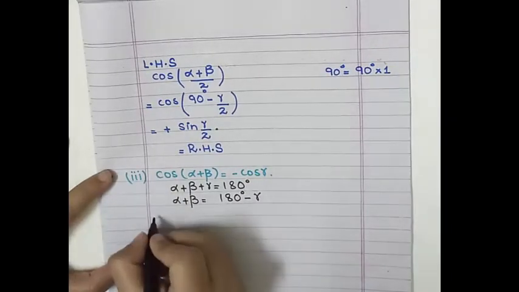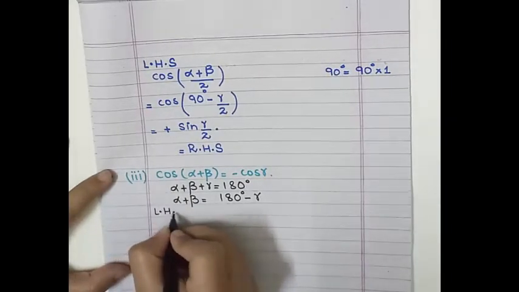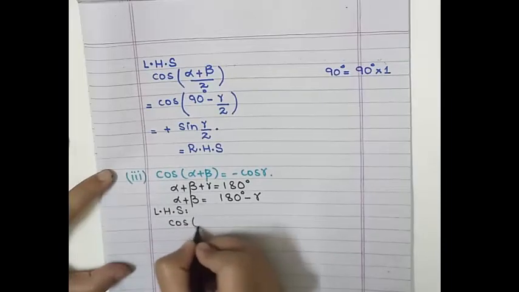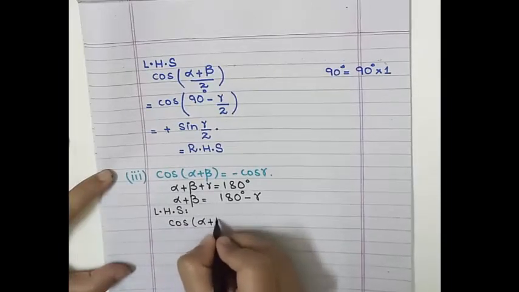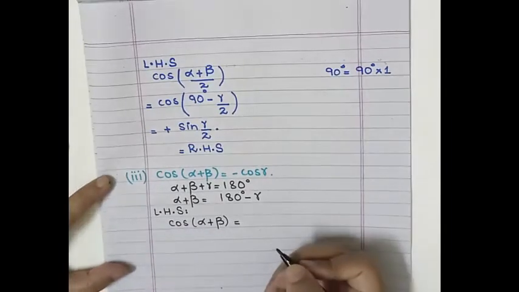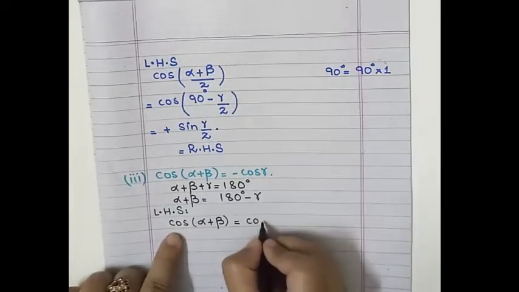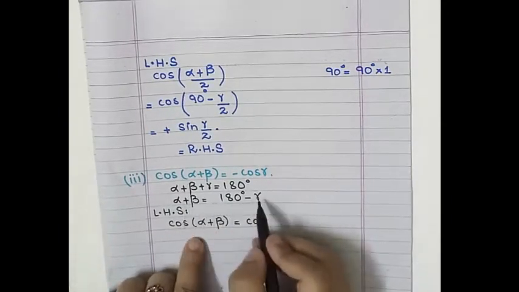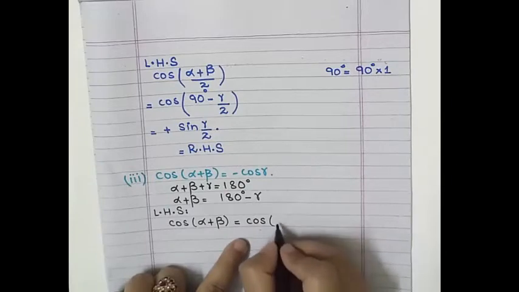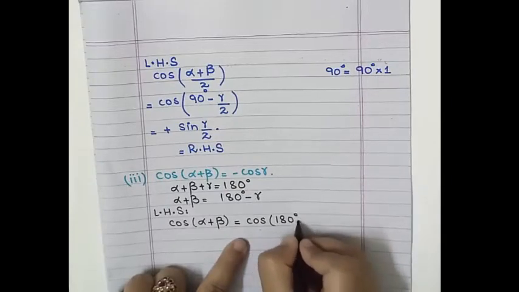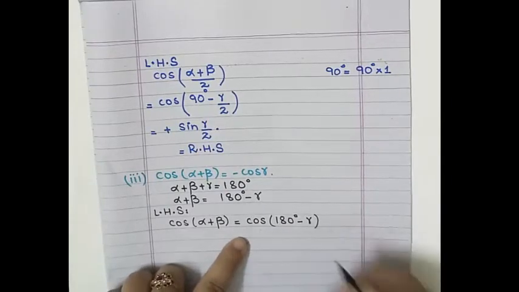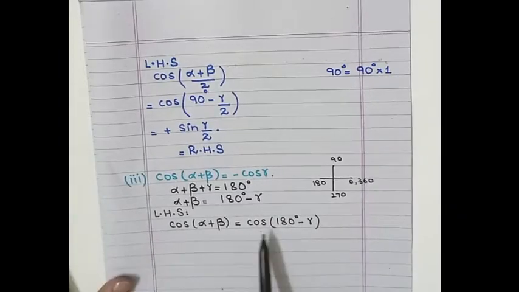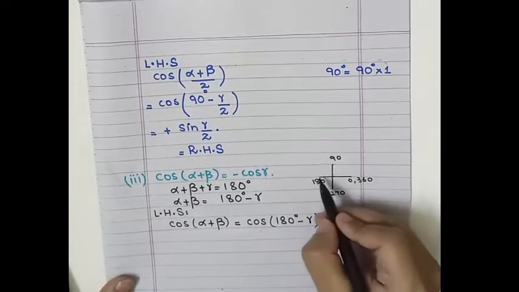Now we will take the left hand side of the equality, cos of alpha plus beta, and put the value of alpha plus beta, which is 180 degrees minus gamma.